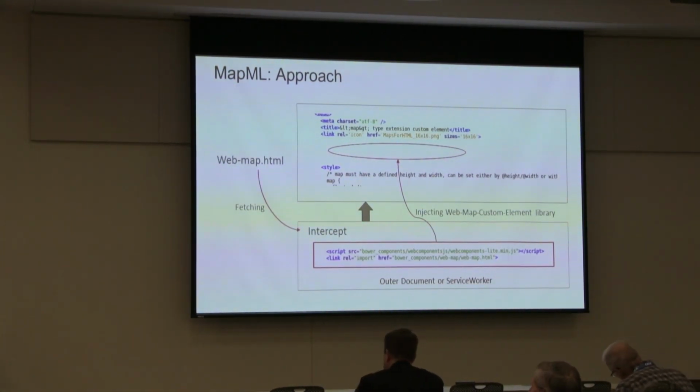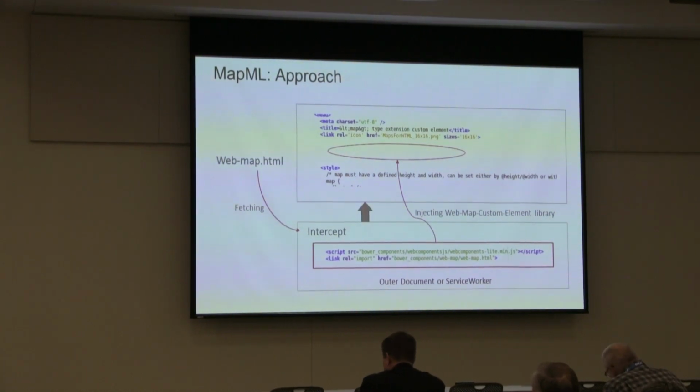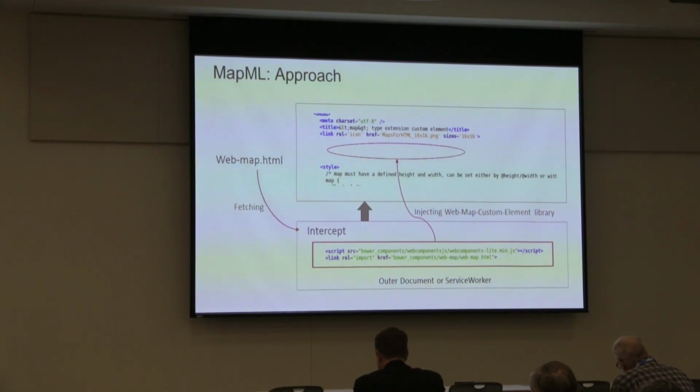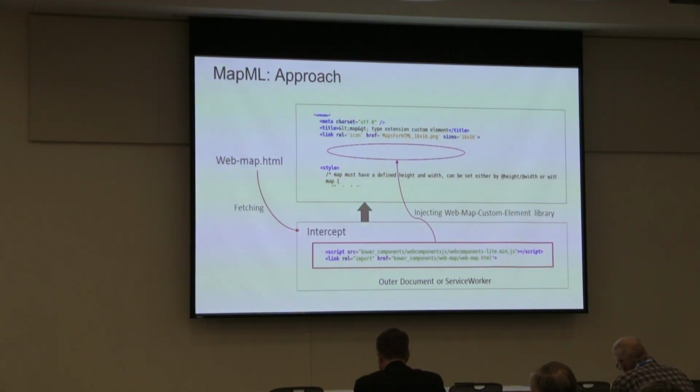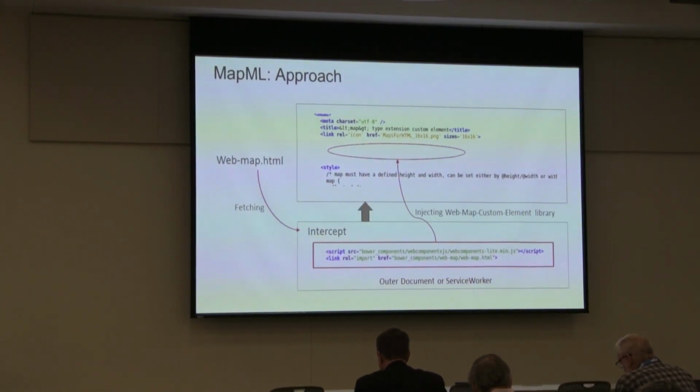So there was developed something called a service worker. There was a proxy for MapML that was using the service worker browser API. So the application takes a MapML document and injects that into the web components library. And this gives an automatic support for MapML in browsers that are still not supporting MapML natively.